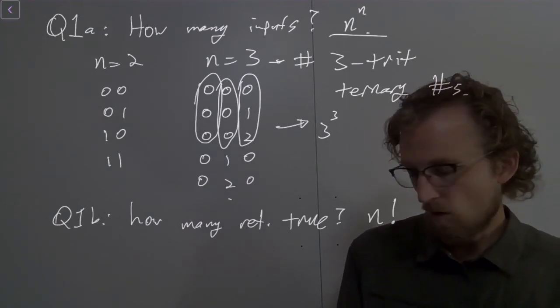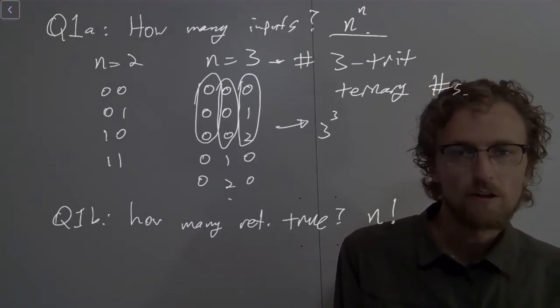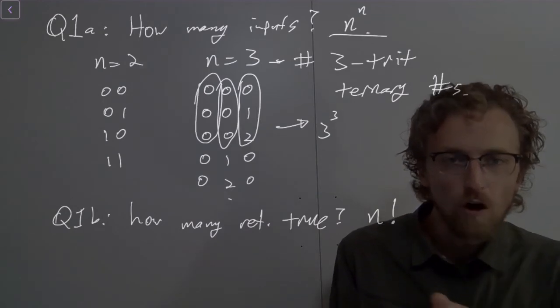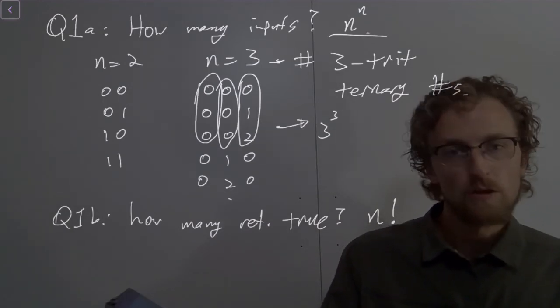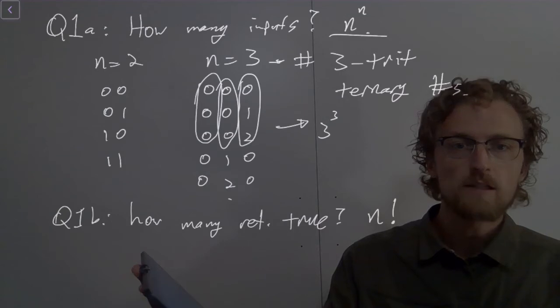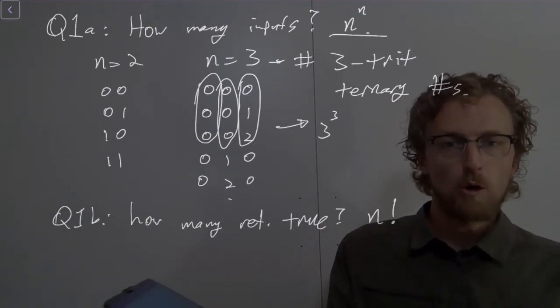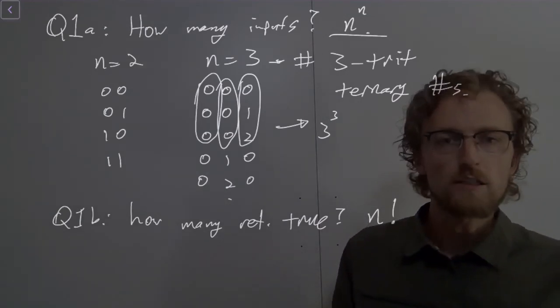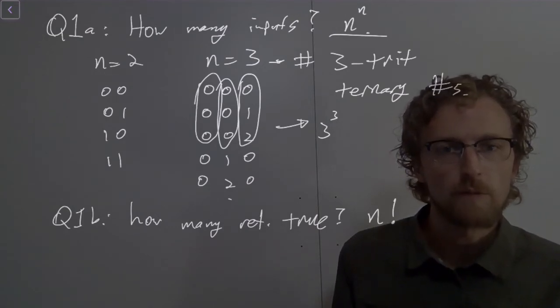Okay, so if all the elements in this array are unique, we know there's only n symbols, we know there's only n array slots, so that means it must be a permutation of just the list of all n possible symbols.